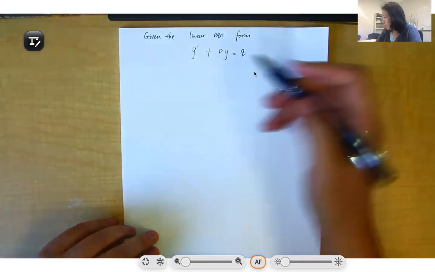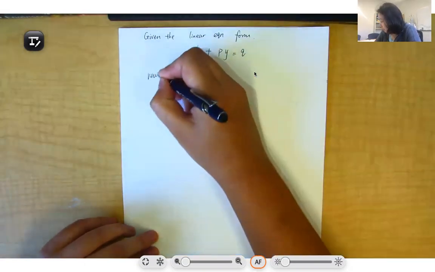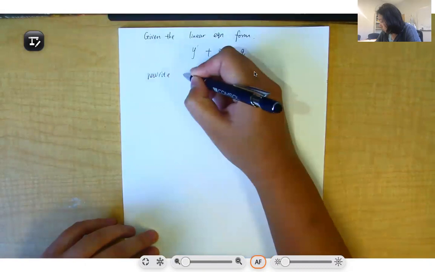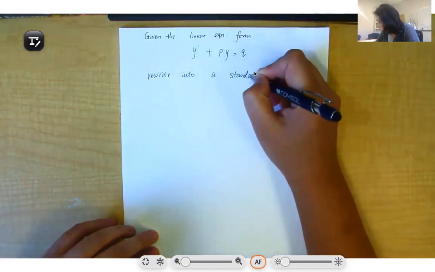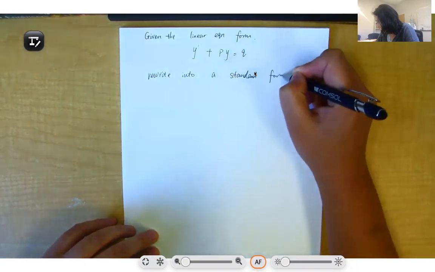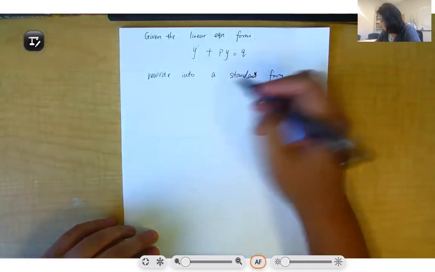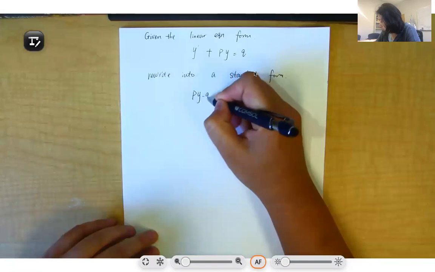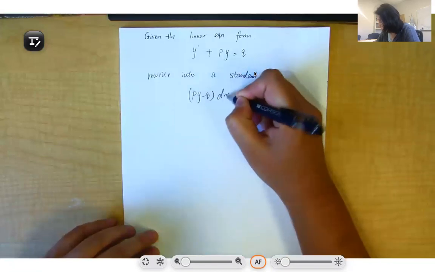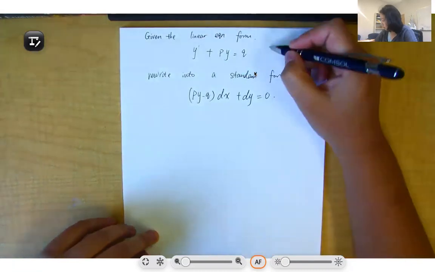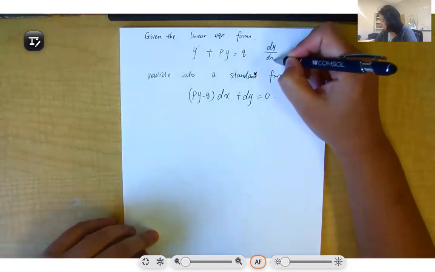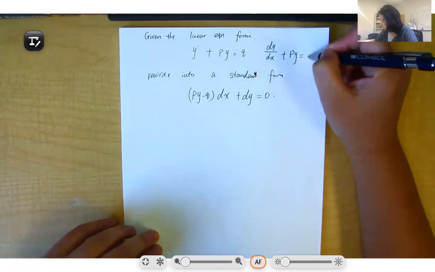equals 0. So let's rewrite it into a standard form, which is (py minus q) dx plus dy equals 0. And you know this is dy over dx plus py equals q, right?